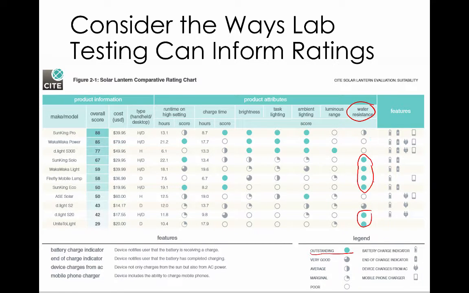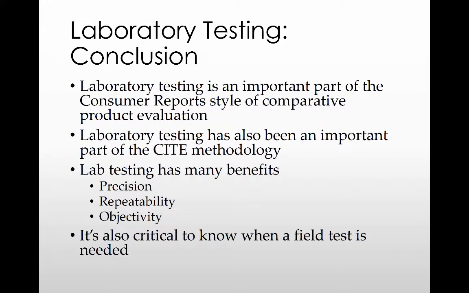Many of these lanterns received that high rating because they could endure the bucket immersion test. It was only the other lanterns that needed to be further tested to determine whether they were relatively average or poor by using a more complex simulation of rain conditions.